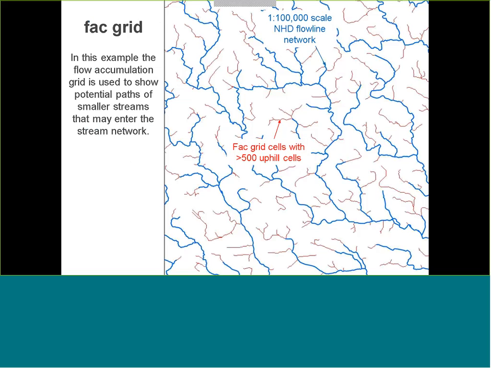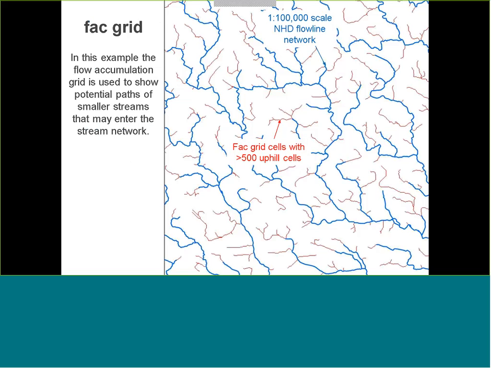In this example, the flow accumulation FAC grid is shown in red. It represents a pattern or paths of potential smaller streams that may be tributary to the NHD stream network, but are not included in the network. The 100,000 scale NHD flow lines in this illustration are shown in blue.